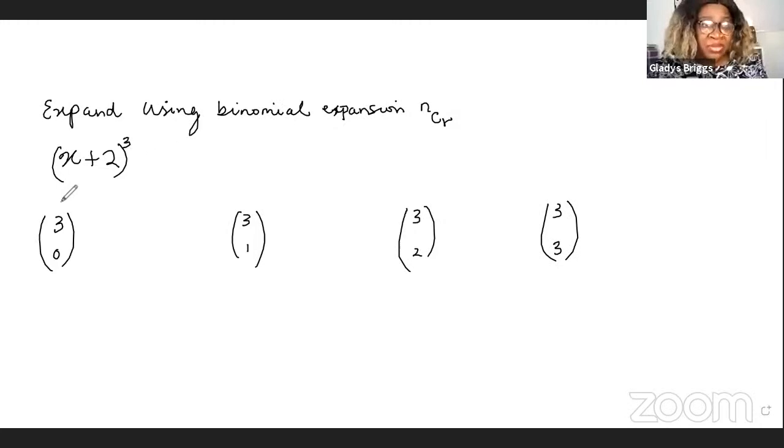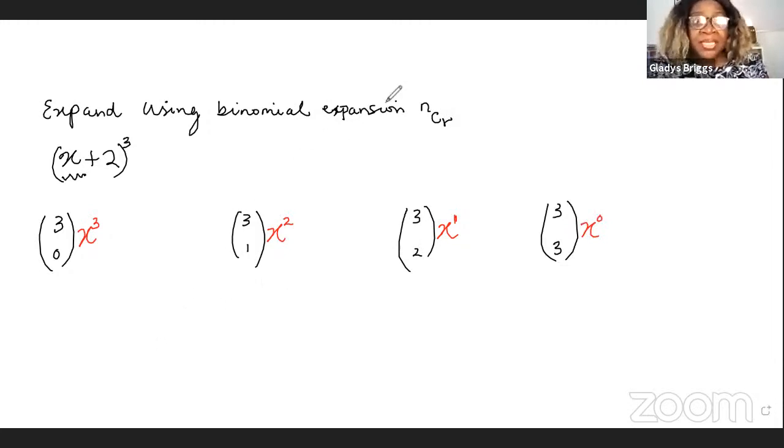Then you look at the first term, and it's going down in powers of 3. So this would be x to the power of 3, the next one x to the power of 2, the next one x to the power of 1, and the last one x to the power of 0.